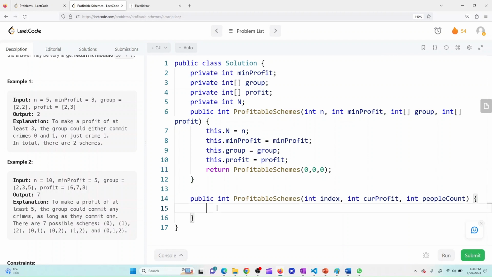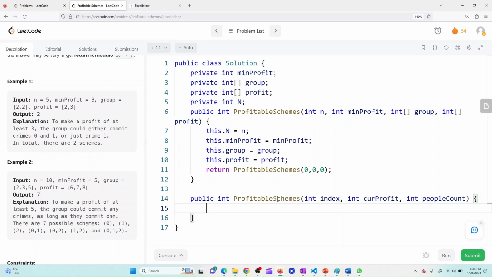Now let's work on the helper function. If I have reached the end of my profit array, that means we can make a decision whether we found a way or not.